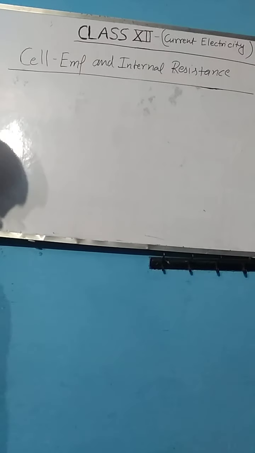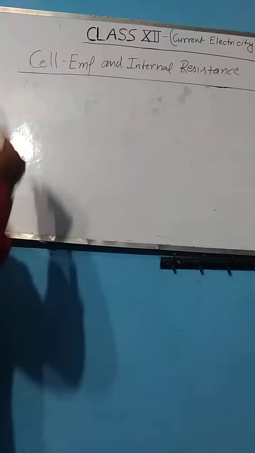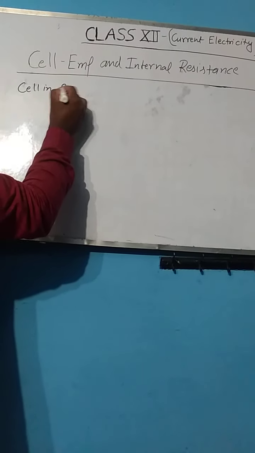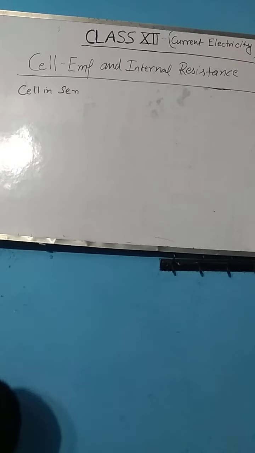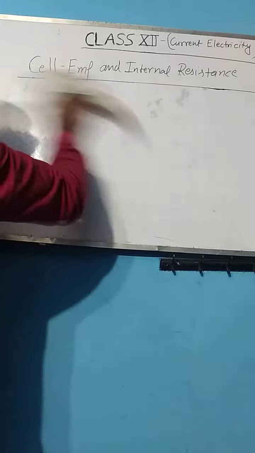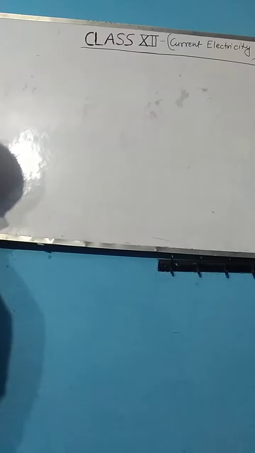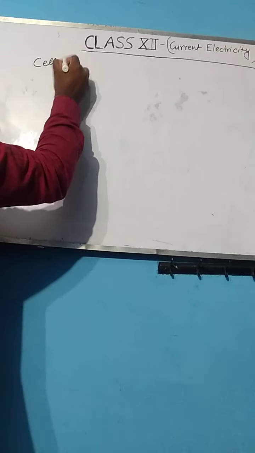So first write the heading: cell in series. Here, internal resistance and EMF are completed, so we start with the cell in series.